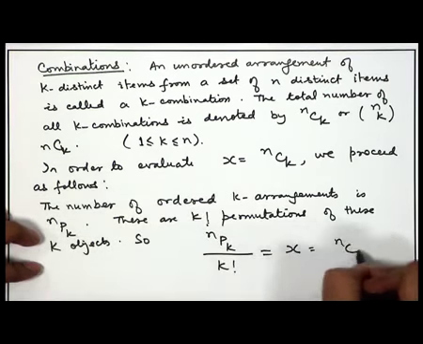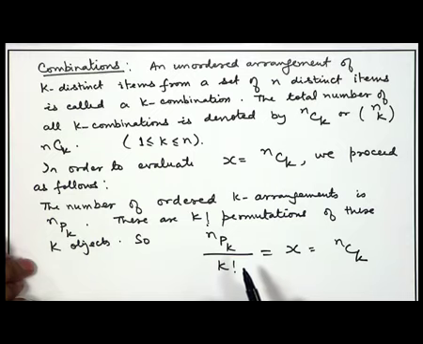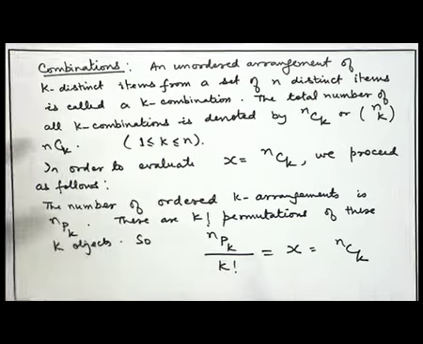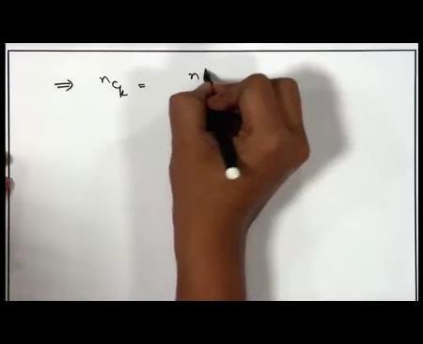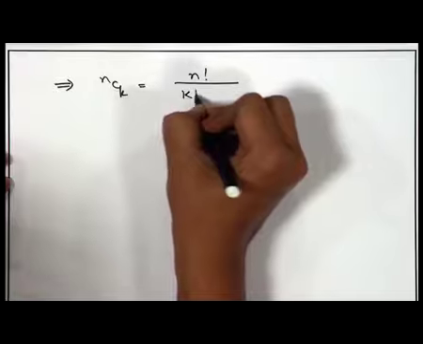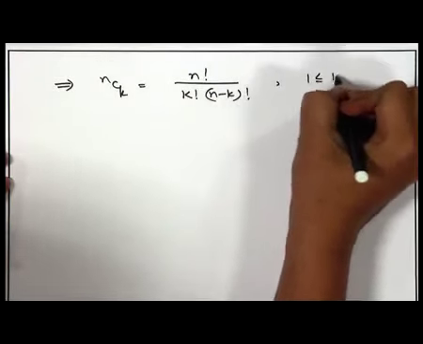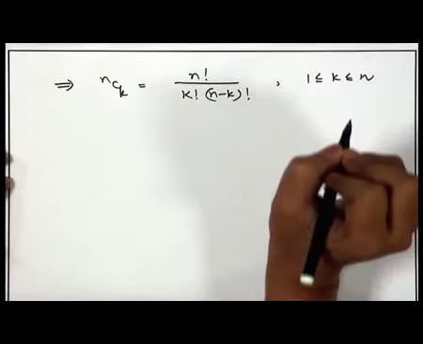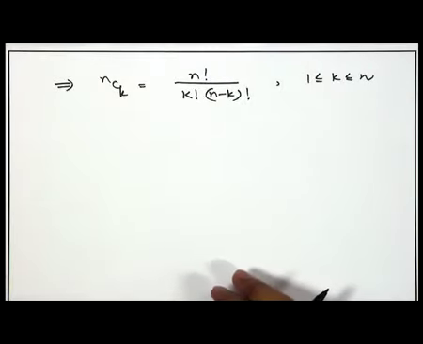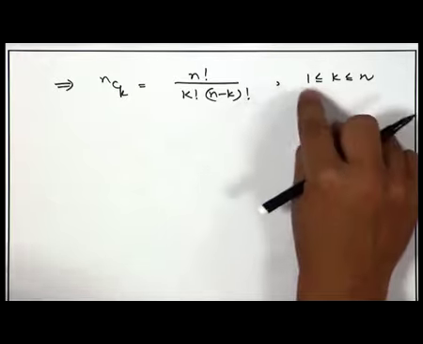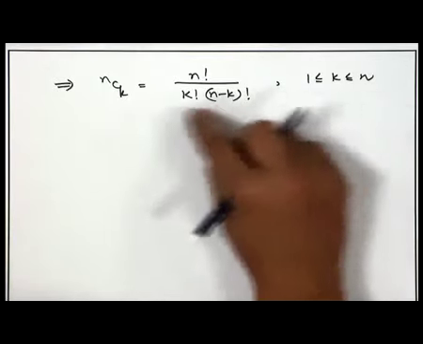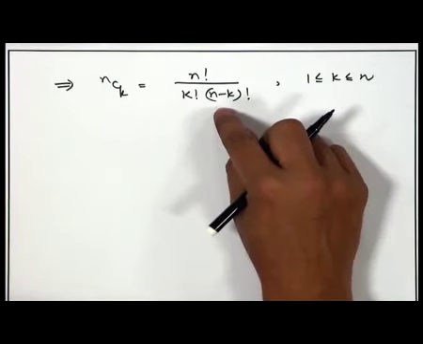So, this is the formula that now you got. N c k is nothing but n p k divided by k factorial. So, this implies that n c k is nothing but n factorial divided by k factorial into n minus k factorial. In fact, I can consider 0 also, because 0 factorial we have defined.